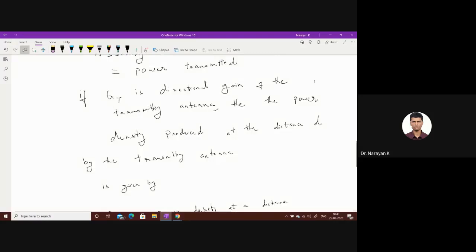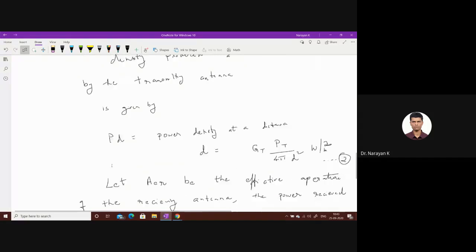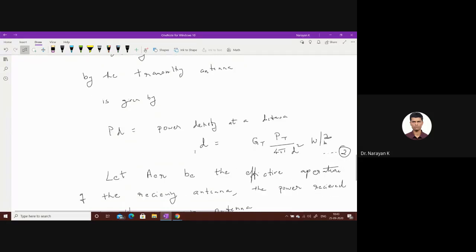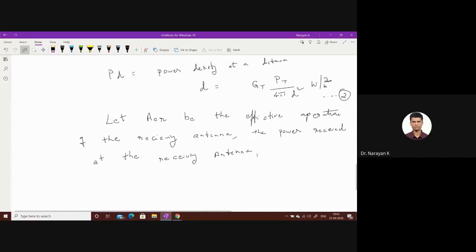So if GT is the directional gain of the transmitting antenna, the power density produced at a distance d by the transmitting antenna is given by PD equals gain of the transmitting antenna times power of the transmitting antenna divided by 4 pi d square, in watts per meter square. Let AER be the effective aperture of the receiving antenna.